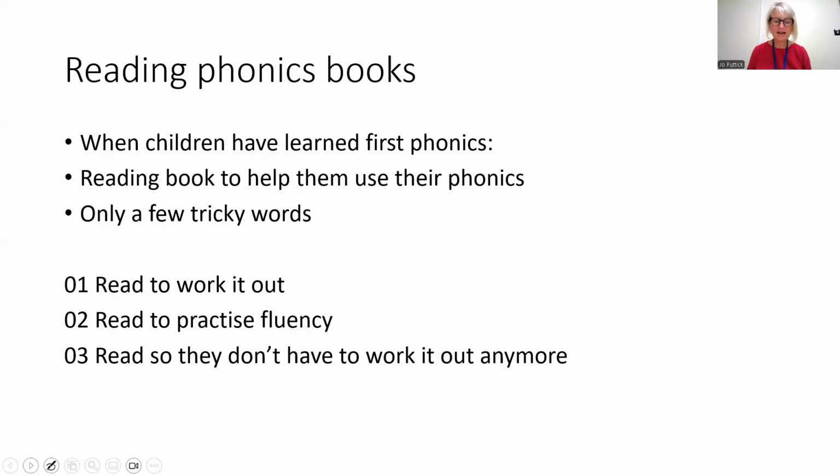Can they read it to make it sound a little bit like they are talking? They need to get to a point where they can read it so they don't have to work out any words, that they know those words well enough at sight and quickly without having to pause to work them out. So please allow your child to read their phonics book several times.